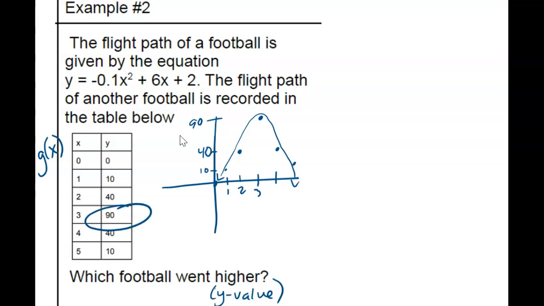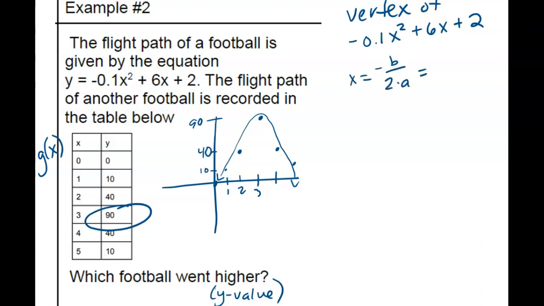Okay? So I need to find the highest of the equation, which kind of like maximum and minimum, we want the vertex. So the vertex of our equation, well, that's in standard form again. So x equals the opposite of b over 2 times a. So the opposite of b, 2 times a is negative 0.1.